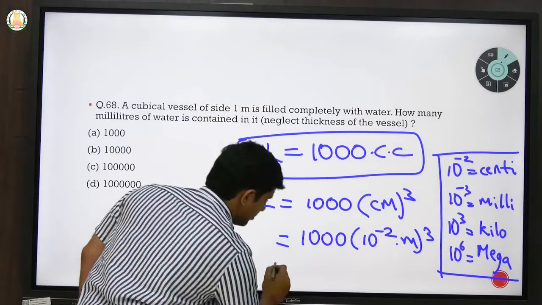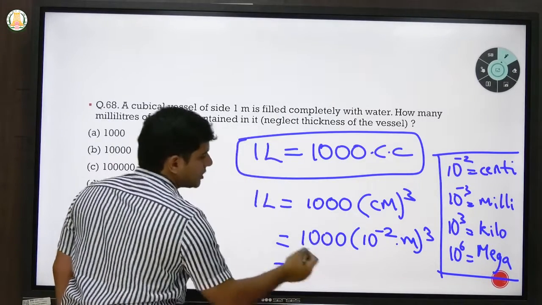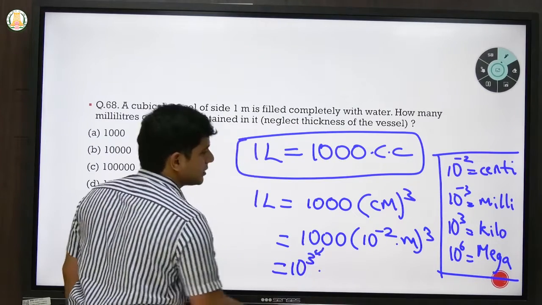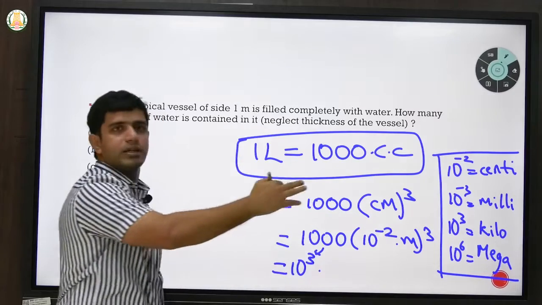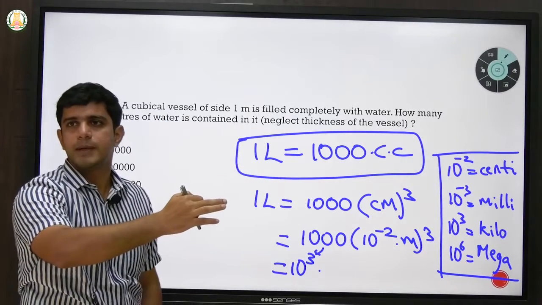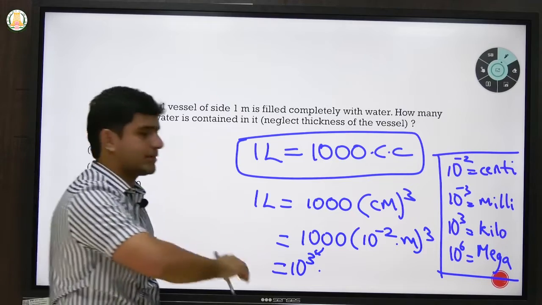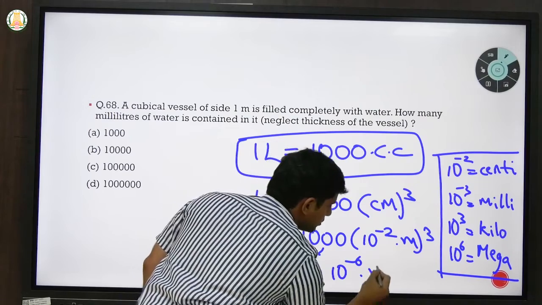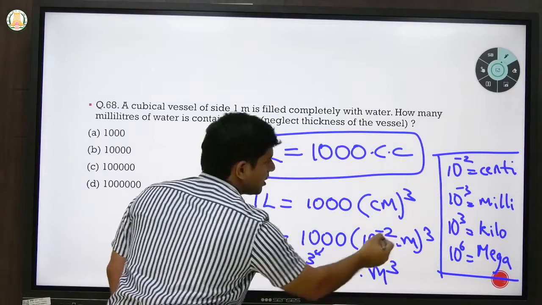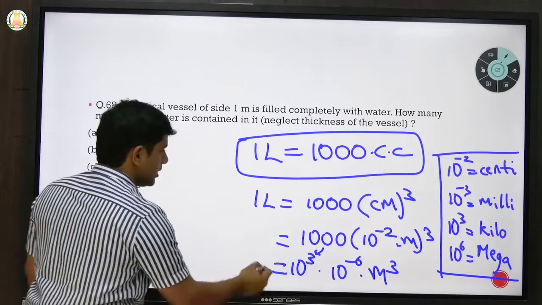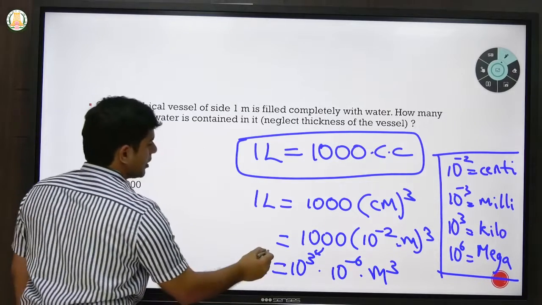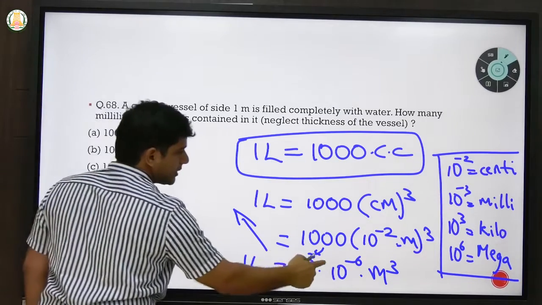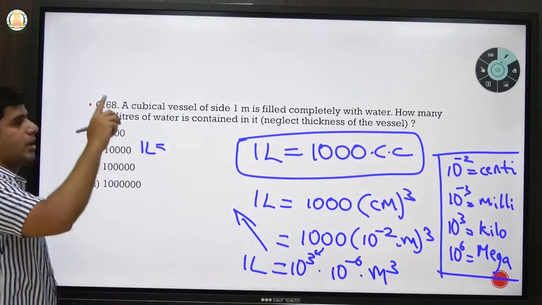So that means this 1000 you can write as 10 cube. Next, 10 power minus 2 power 3 is how much? Minus 6. So this is 10 power minus 6 into meter cube, because each of them you have to raise to the power of cube. This is equal to 1 liter. Now 10 power 3 into 10 power minus 6, you have to add the powers.